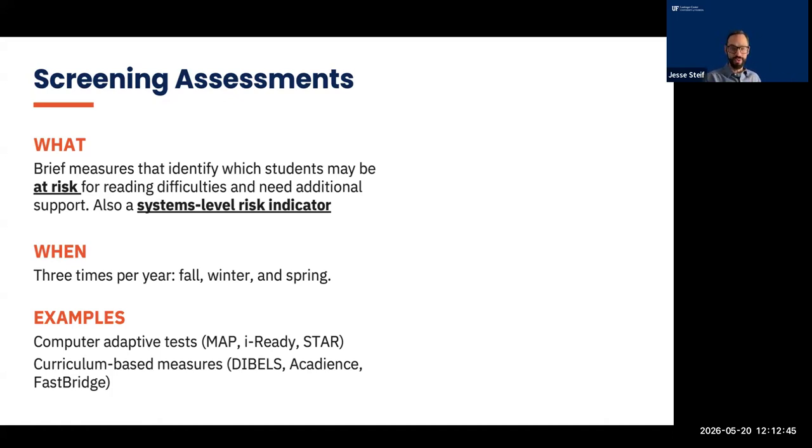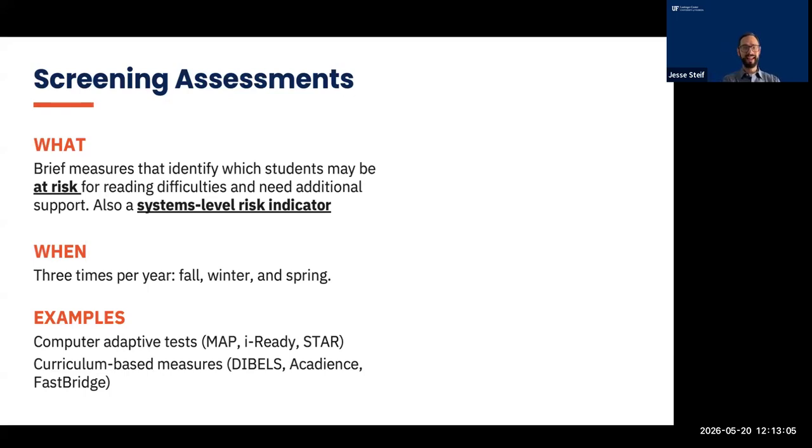Oftentimes, in the absence of screening data, it's really hard to know, when a student enters kindergarten, first grade or even second grade, whether they are on track to meet standards by the end of third grade.